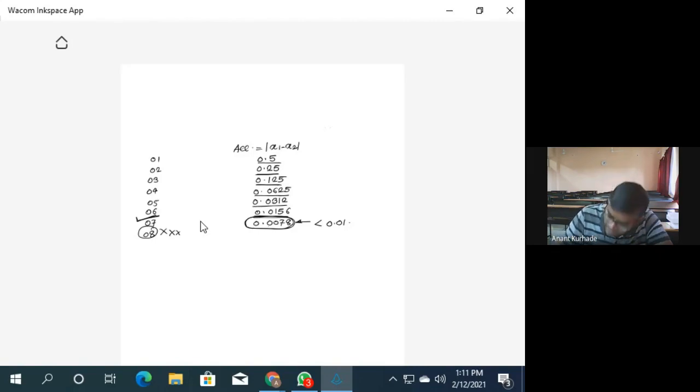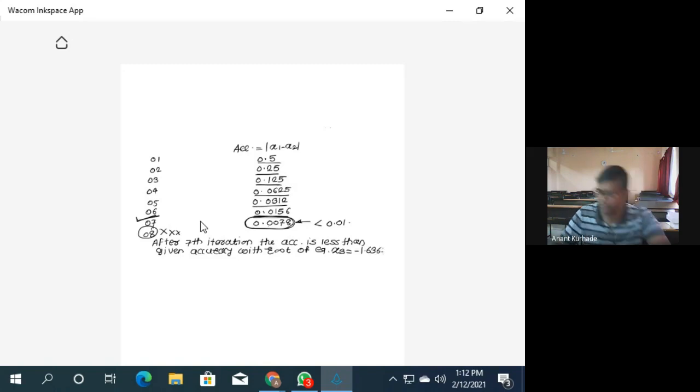So you can write here, this is important, after the seventh iteration, the accuracy is less than the given accuracy, with the root of the equation x3 equal to minus 1.6367. All of you getting this?